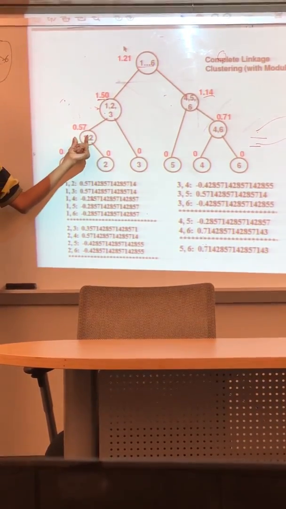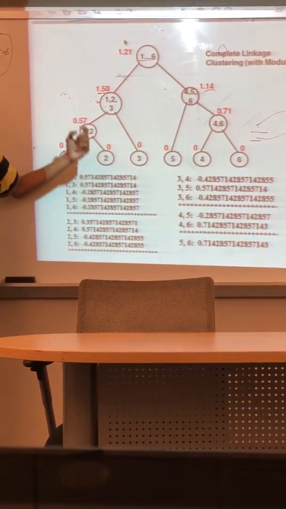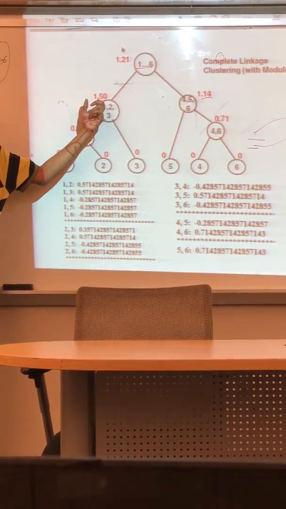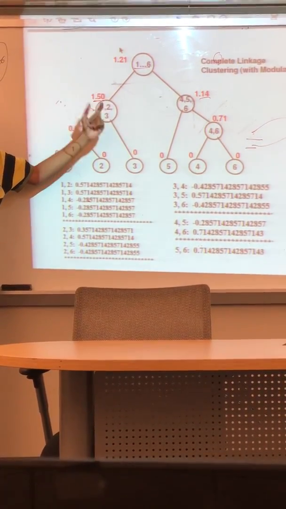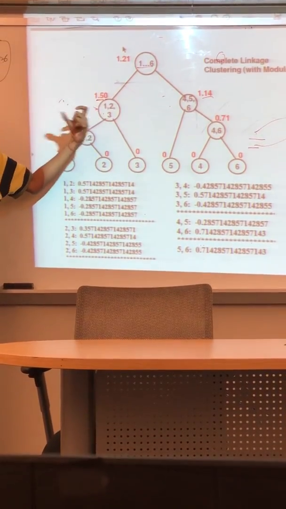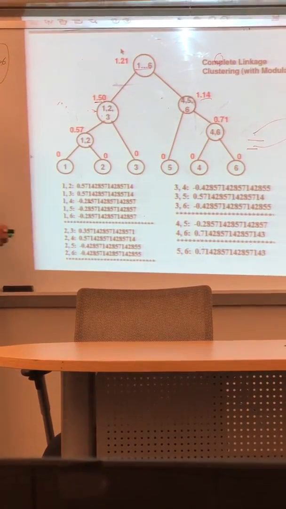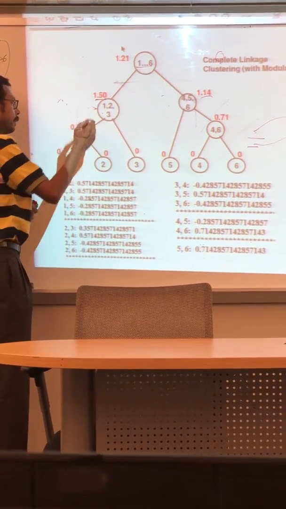So 0.57 plus 0 is 0.57, and that is less than 1.50. So should we break this down into 2 partitions like this, or should we keep 1, 2, 3 together as one community? So we decide to stop here.